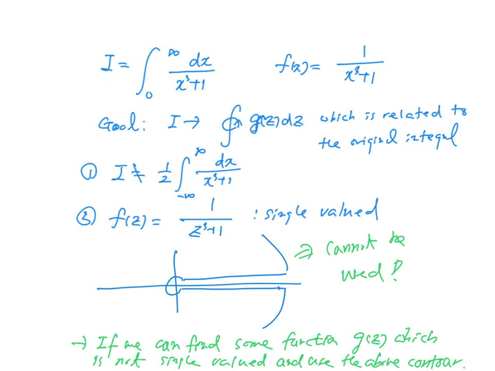So we know a very simple non-singular, multivalued function which gives a difference between this point and this point. That is log, right? So here we know that log x, but here log x plus 2 pi i is log x plus i 2 pi.